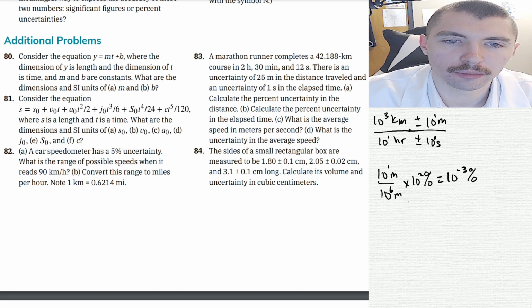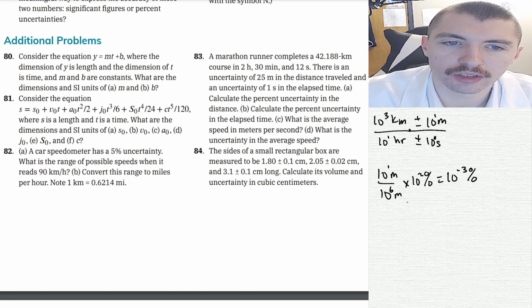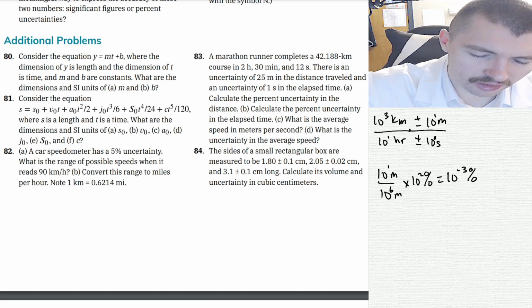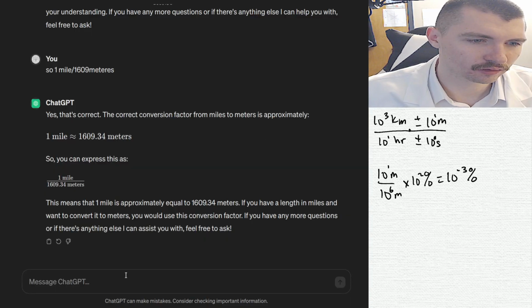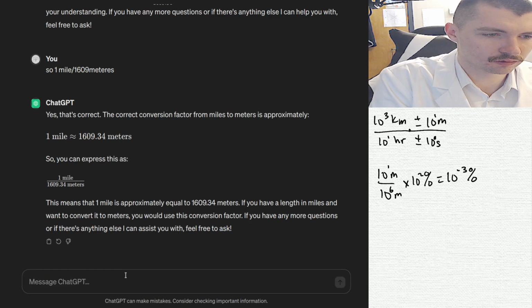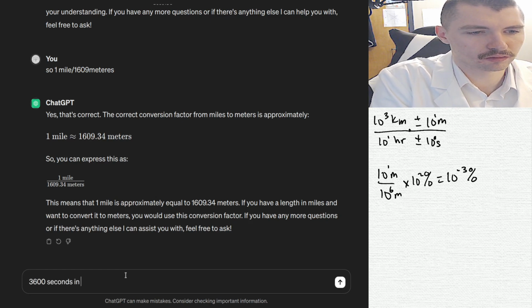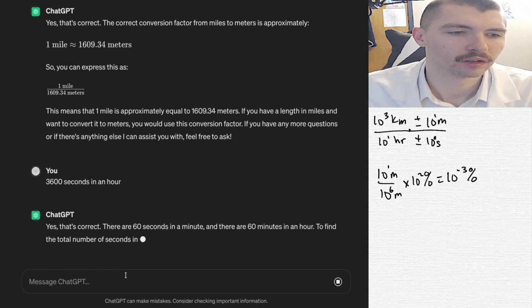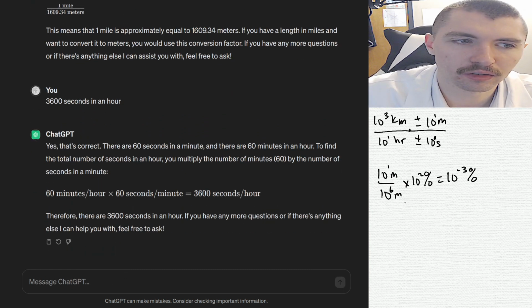What is the average speed in meters per second? Okay, so is it 3,600 seconds in an hour? Okay, 3,600 seconds, so there's 10 to the 4.